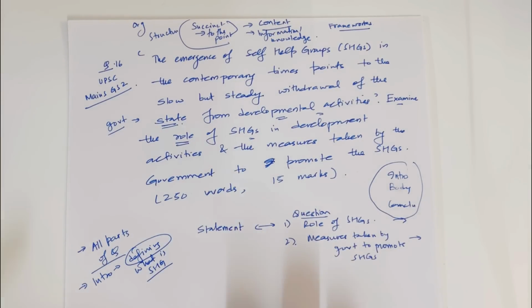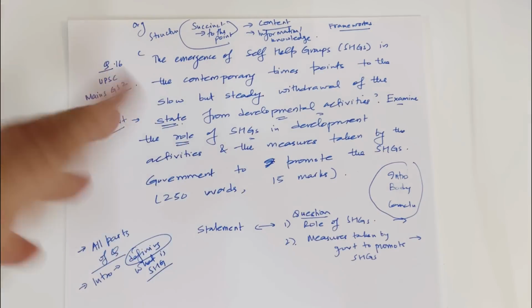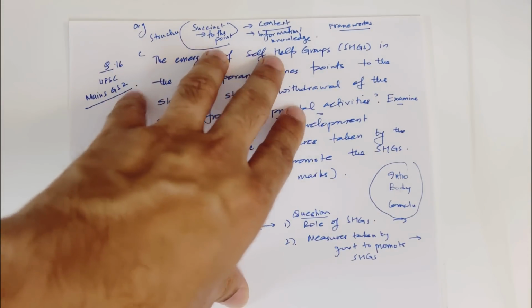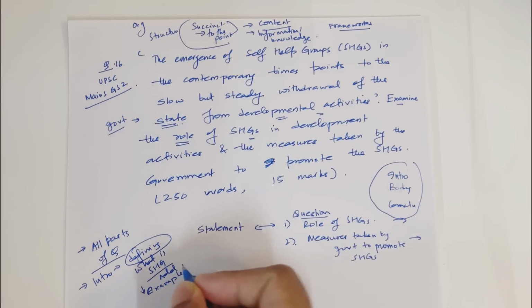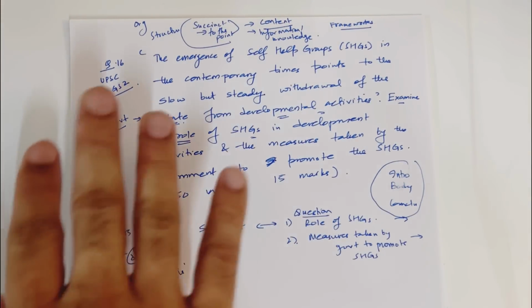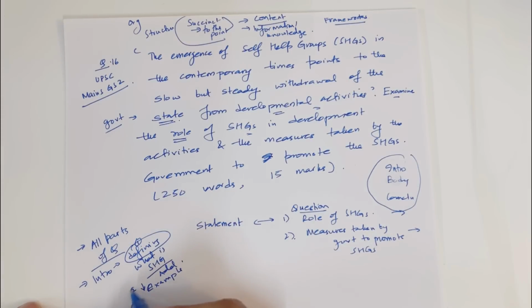Wherever basic concepts are being asked, always try to define the most important concept of that question. Here the most important concept is self-help groups. So just give a definition of what these self-help groups are, and then add an example. So in the introduction, provide a definition, number 1, and add an example, number 2.